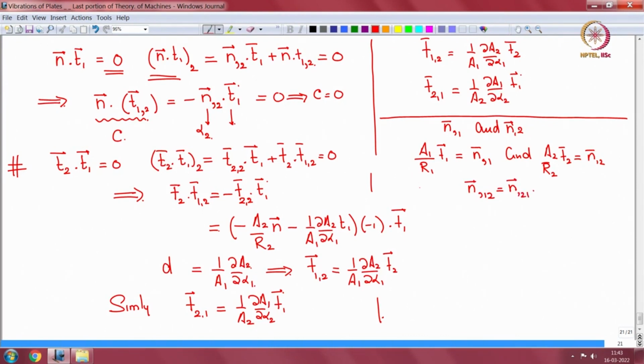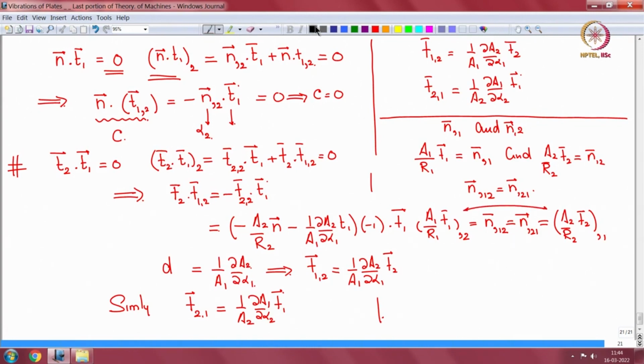So if we take A1 by R1 T1 and the derivative with alpha 2, which is n bar comma 1 2, that should be the same as n bar comma 2 1, which is equal to A2 by R2 T2 comma 1. Okay, so these two are equal.